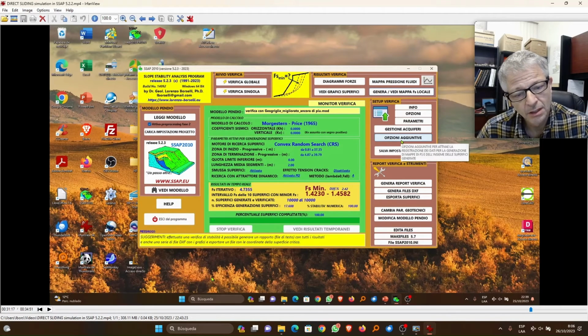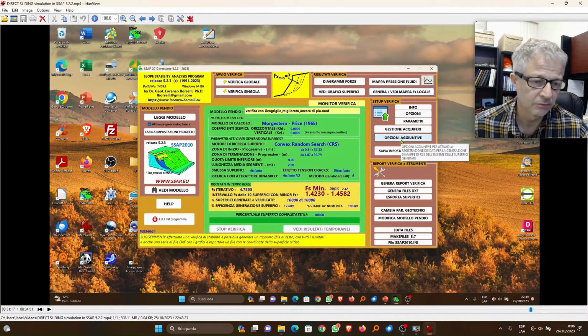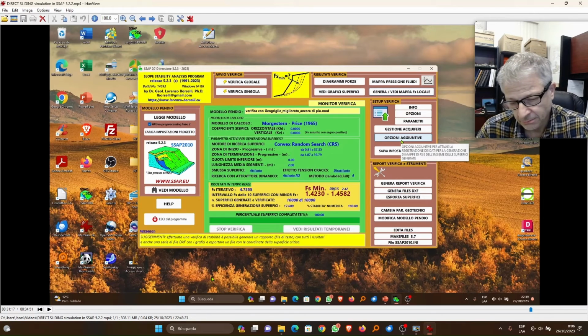So, a substratum with liquefaction possibility, and above geogrids or reinforced earths.